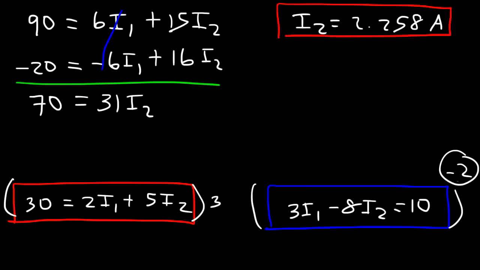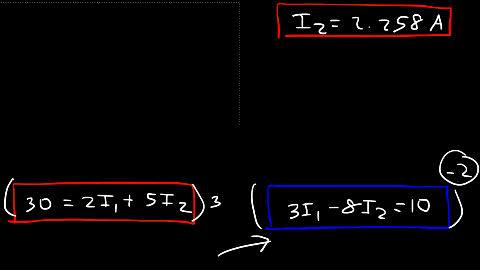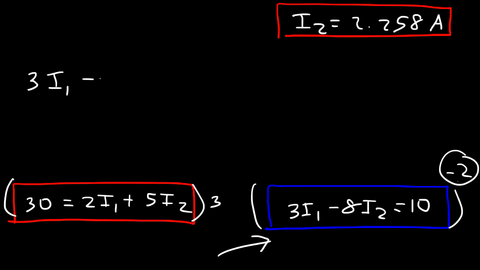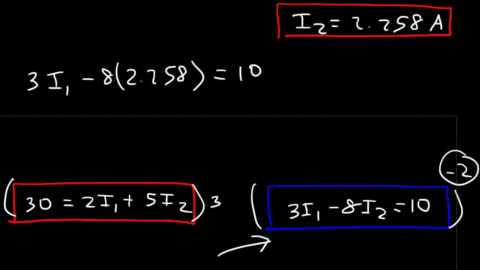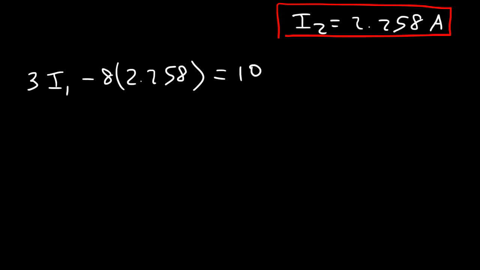Now let's calculate I1. Let's use this formula. So 3I1 minus 8I2, or 8 times 2.258, is equal to 10. Negative 8 times 2.258, that's negative 18.064.